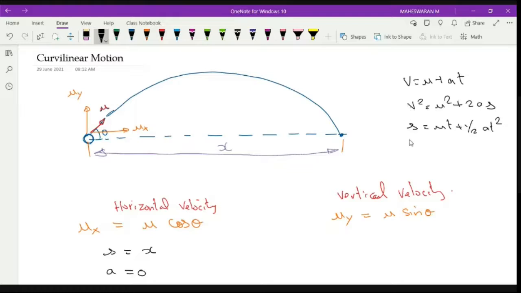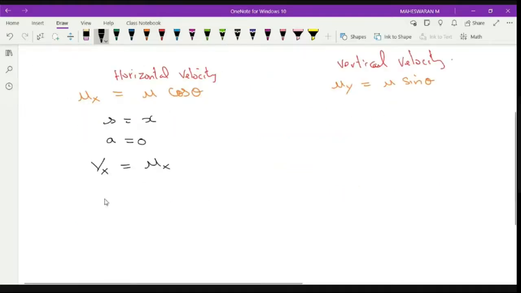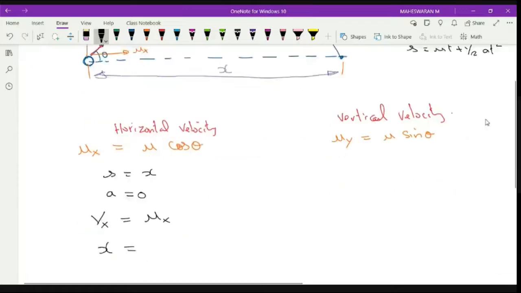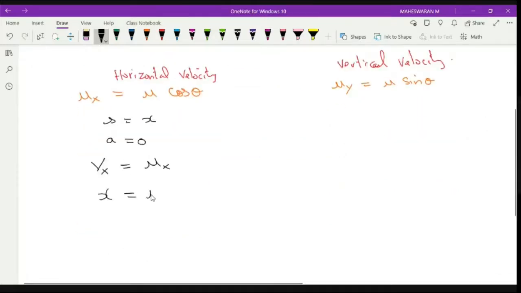Third equation, I can write x is equal to u into t, since the acceleration term becomes 0, so ux into t. This is what I achieve for the horizontal velocity.